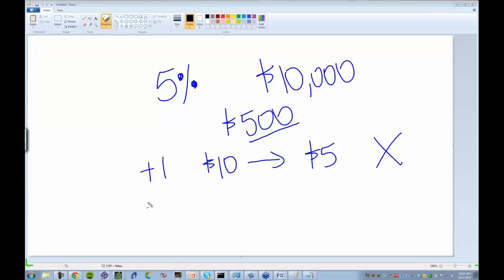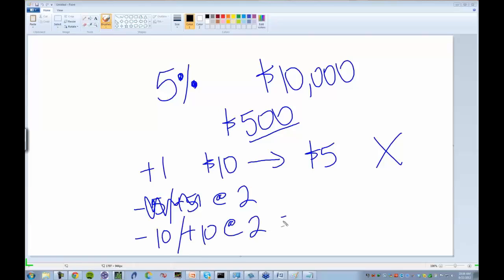Let's say that you sell five spreads at 2, okay? And so when you do something like this, then your max loss, and we'll show you how to set up the max loss and stuff like that. In fact, let me just do this as 10, because that's actually easier to calculate. So plus 10 at 2, okay, then suddenly your max profit is $2,000, and your max loss is $2,500.